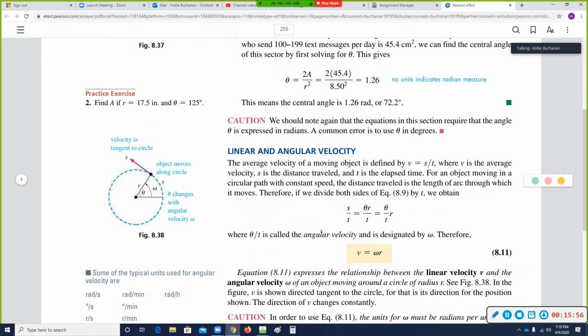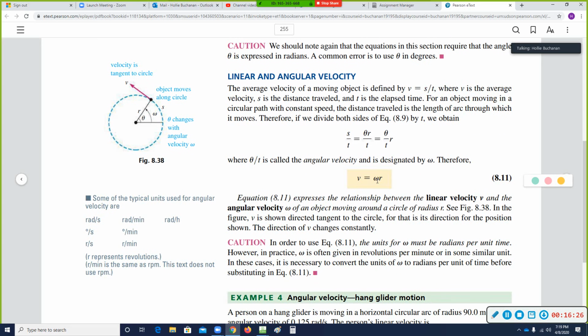Here's one more example. Angular velocity related to linear velocity. So if we have something that's moving around a circle, the linear velocity is just the angular velocity times the radius of the circle, which means that if we know any two of these values, we can figure out the other one.